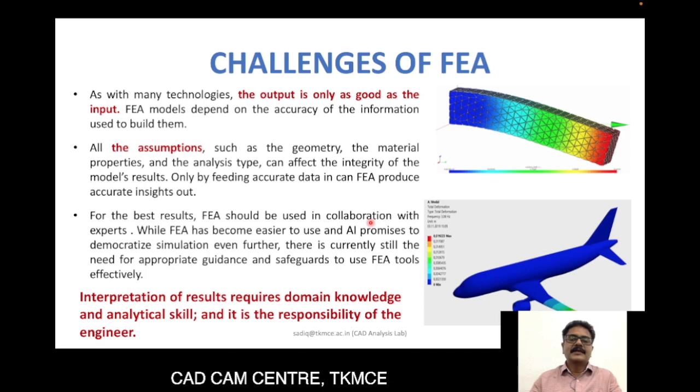Even if we get a result, see, for any kind of analysis, you will get a result like this, say a blue to red range. Even if you analyze an airplane wing, there also you will get this kind of distribution of colors. That does not mean that the result is acceptable. That means whether the value that we get for this kind of gradation is acceptable or not.